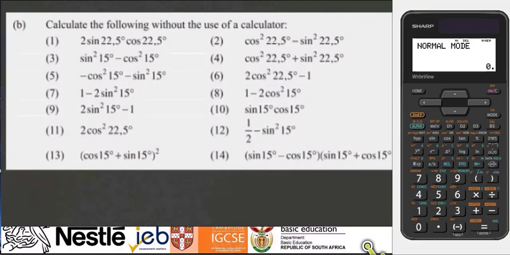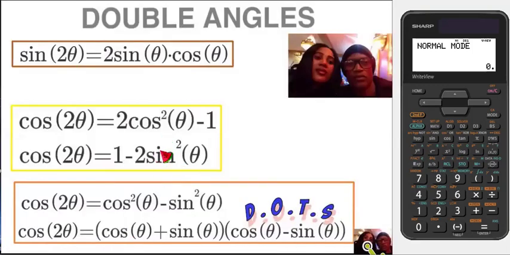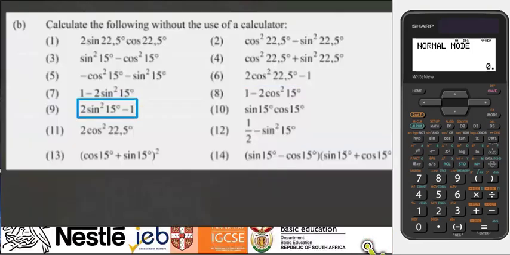From number 8, we're going to number 9. Remember, I said when you're doing the double angle for cos, the sine will come later. So that one, I know it's this one. I need to rearrange. Sine must come later, but there must be a minus between them. So when I rearrange that, the 1 is negative.